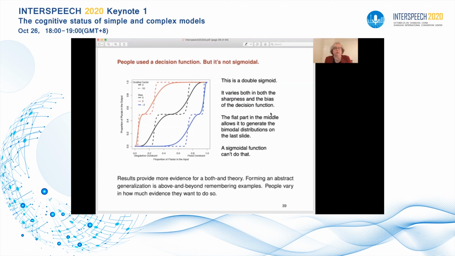And a sigmoidal function can't do that. So these results actually provide more evidence for a both-and theory, that forming an abstract generalization is above and beyond remembering examples, and that people vary in how much evidence they want to project a more abstract generalization.